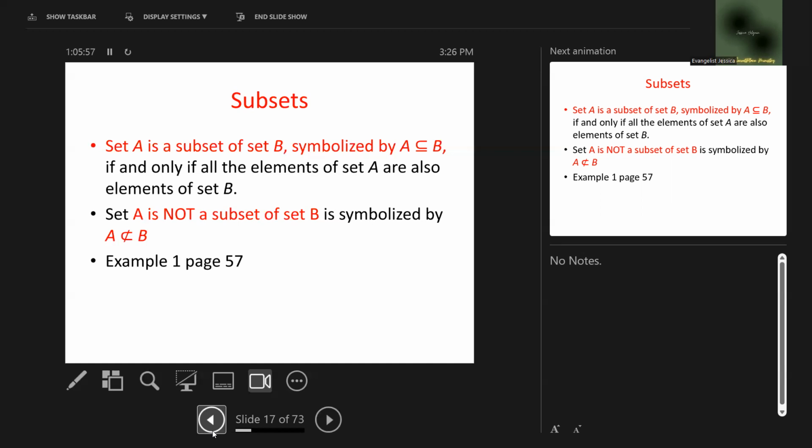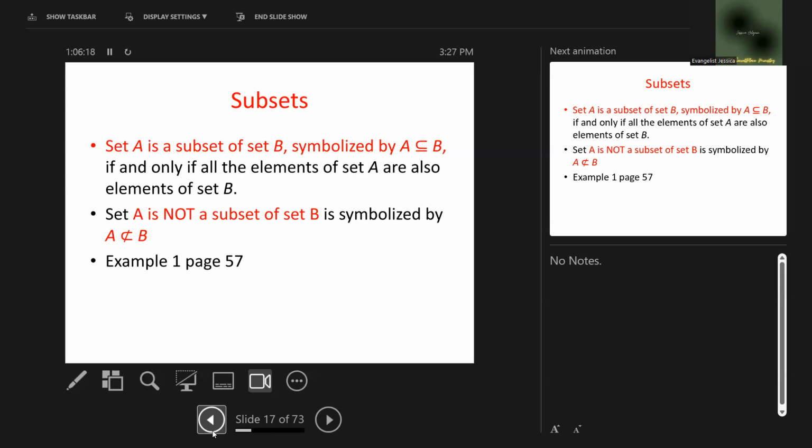That bar under here shows equality. Now, if A is not a subset of B, then we symbolize it by that same symbol, but with a line going across it.